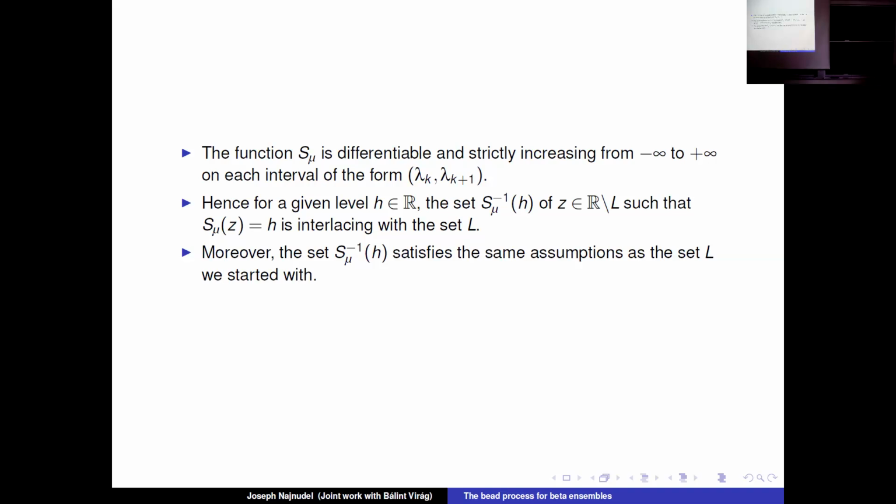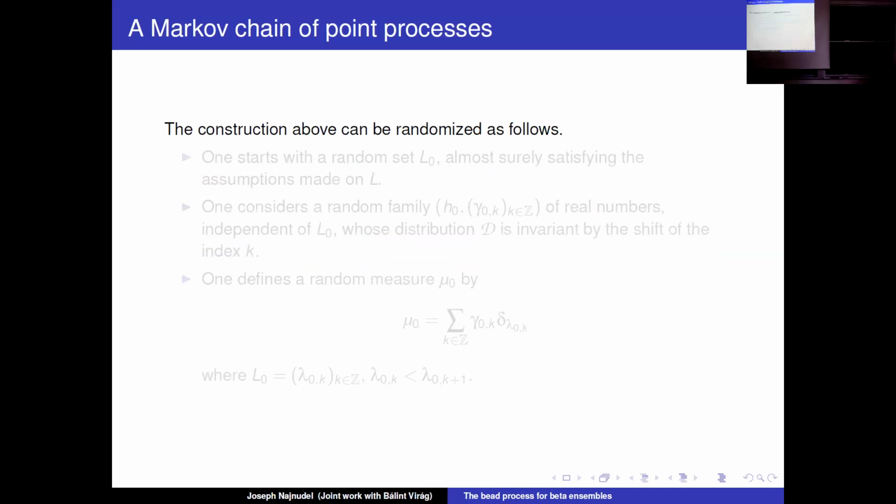So it means that we can restart with these new points, and we can do again a Stieltjes transform if we like. So we can iterate, and we can also randomize. So how do we randomize? In fact, we define a Markov chain of point processes.